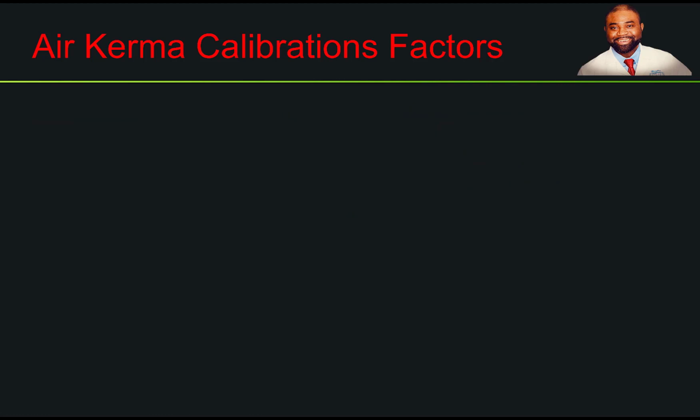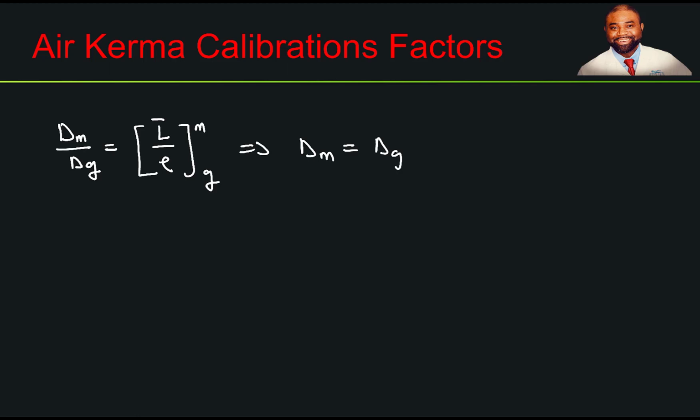So far, we have seen that the dose to the medium divided by the dose to the gas is essentially equal to the ratio of the restricted stopping powers of the medium to the gas, which implies that the dose to medium is equal to the dose to gas multiplied by the ratio of the restricted stopping power of the medium to the gas.